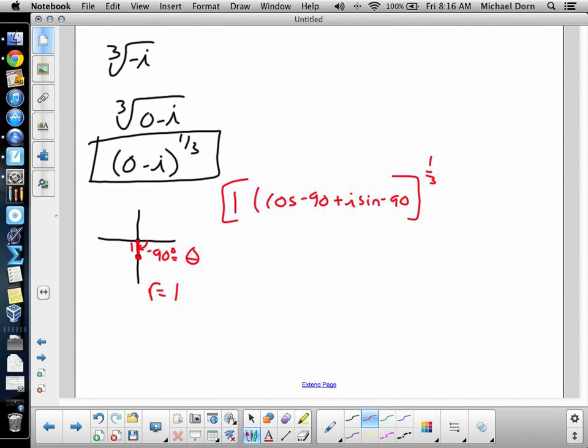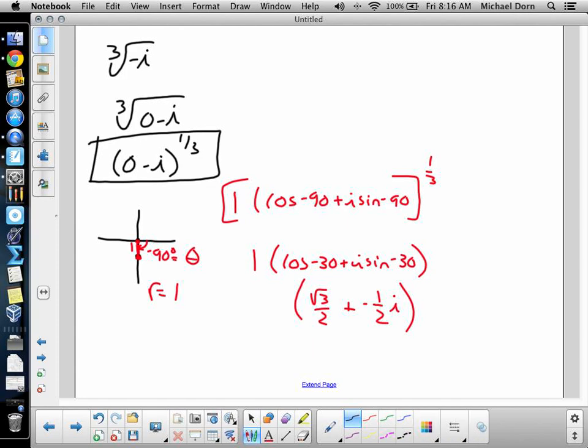If I do it this way, this is 1 to the 1/3 power, which is 1 times cosine negative 30 plus i sine negative 30, because 1/3 of 90 is 30. Cosine of negative 30 is root 3 over 2. Sine of negative 30 is negative 1/2. And 1 times that is just that.